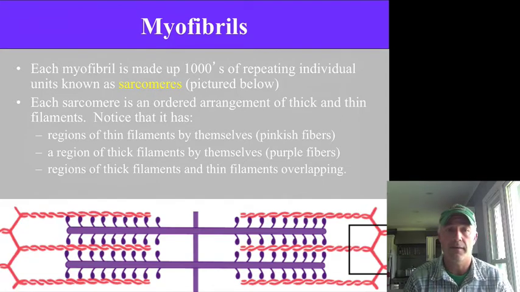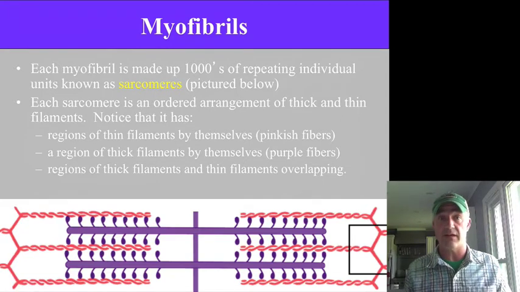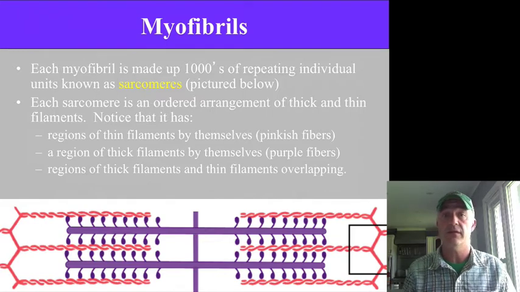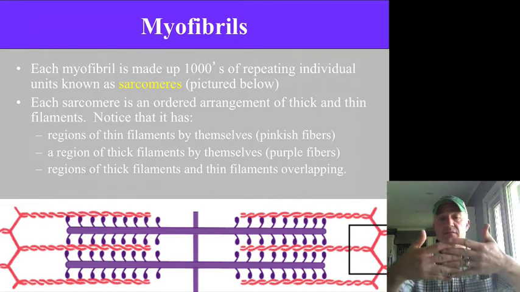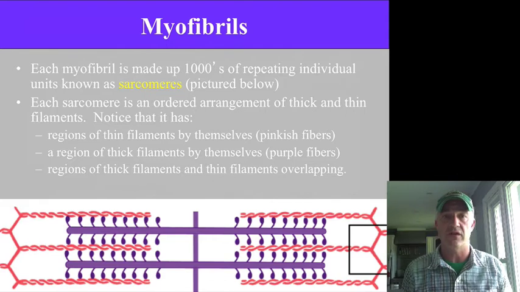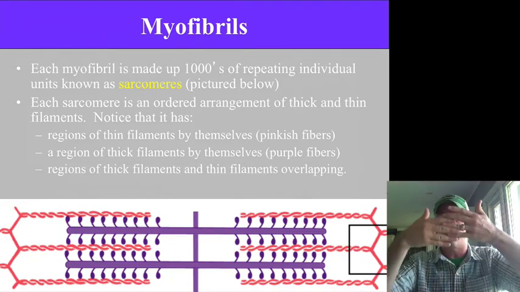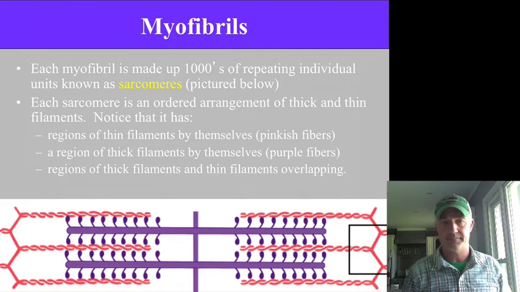But that is what gives skeletal muscle as well as cardiac muscle its striations, because these sarcomeres are very ordered in fashion. When we get to smooth muscle, it still has actin and myosin filaments, but the numbers change a little bit and their orientations change a little bit, so they don't give these visible lines that we can see.